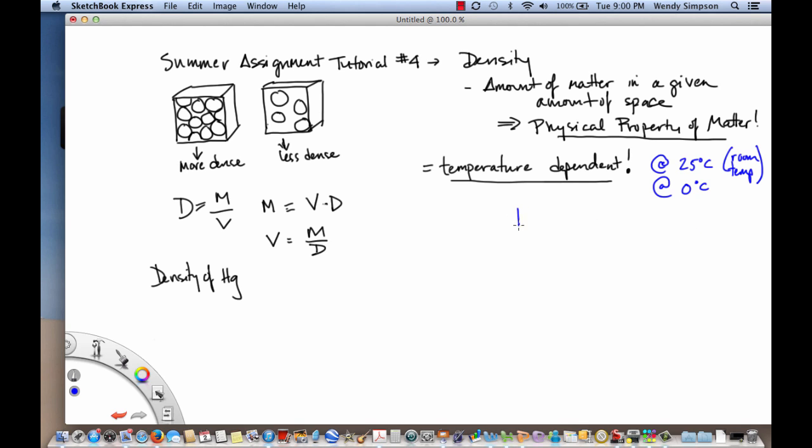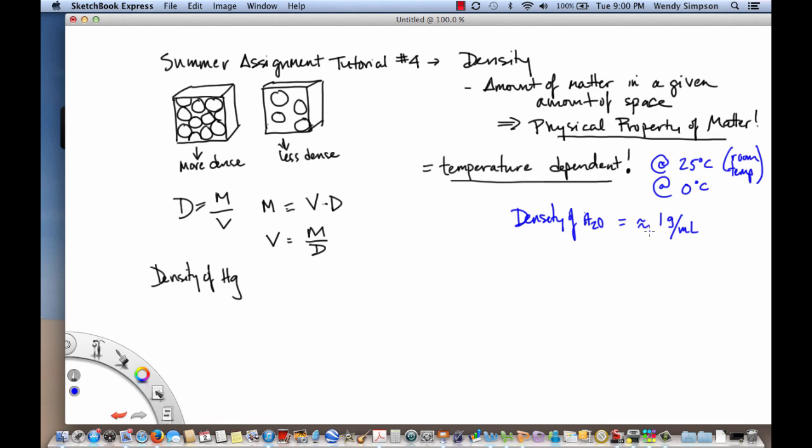The density of water is something that hopefully you've learned before, but it's about 1 gram per milliliter. This is temperature dependent, so that's why I say about.